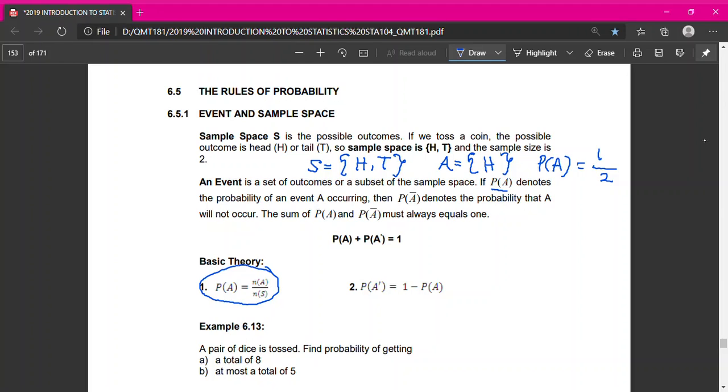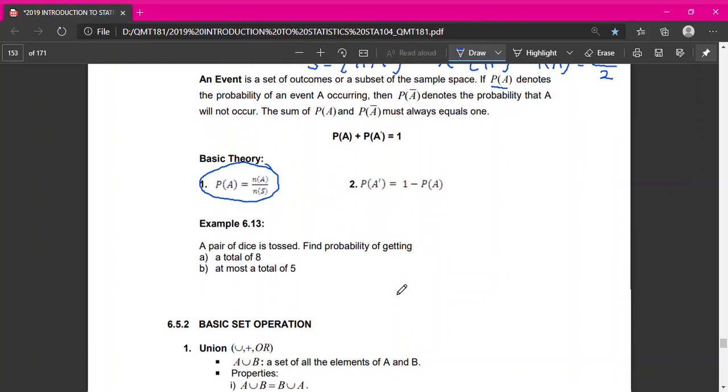Okay, then P(A complement) denotes the probability that A will not occur. Kalau P(A), probability of event A occur, kalau P(A complement) adalah probability that event A will not occur. And so the sum of these two, P(A) dan P(A complement) adalah 1. Ada dua notation, sama ada A bar ataupun A prime, ialah notation untuk complement.